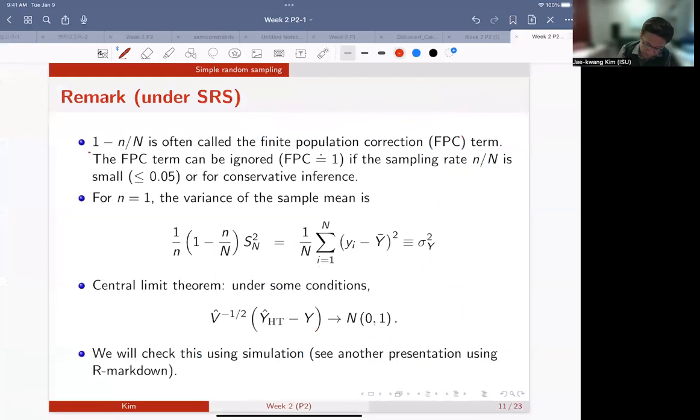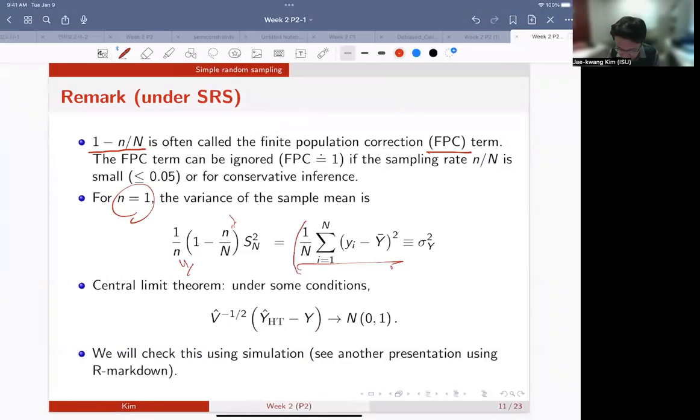So this I already covered. 1 minus f is called the finite population correction term, and if I set this one equal to 1, it means that we are making a conservative variance estimation. If n equals 1, then the formula here has a 1, and you get something like this.